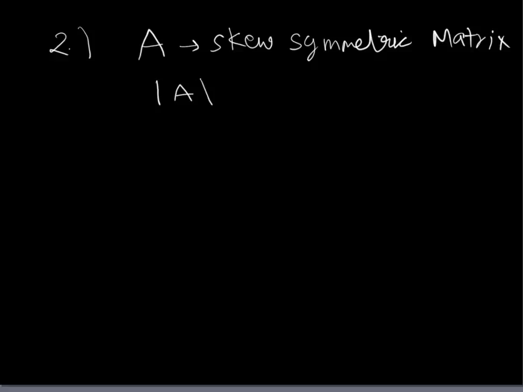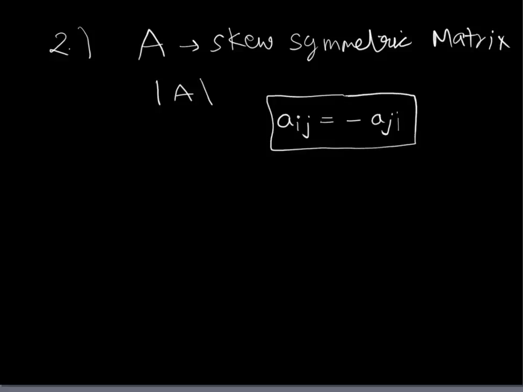So let's start with the basics. We know that if a given matrix A is a skew symmetric matrix, then we have the following condition: a_ij is equal to minus a_ji. This is a condition for a skew symmetric matrix, you might recall.